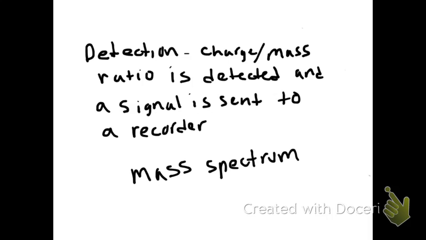And that's just the graph of the mass charge ratio and the percent abundance. And we're going to look at one of those here in just a second. Alright, so these are the steps of the mass spectrometer and how it works to create information that we can eventually use to calculate the relative atomic masses of elements. Alright, so make sure you understand what a mass spectrometer is and these steps. Alright, let's go on.